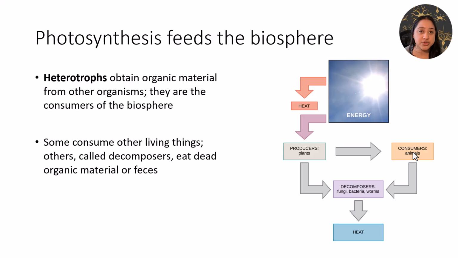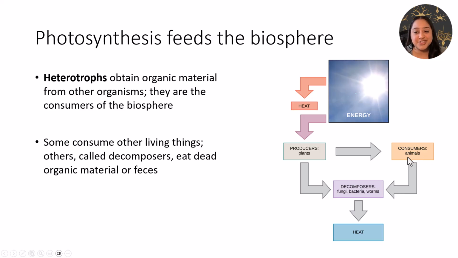Heterotrophs get their organic material from other organisms. They are the consumers of the biosphere. For example, animals consume the producers, and that's how they get their energy and organic material.